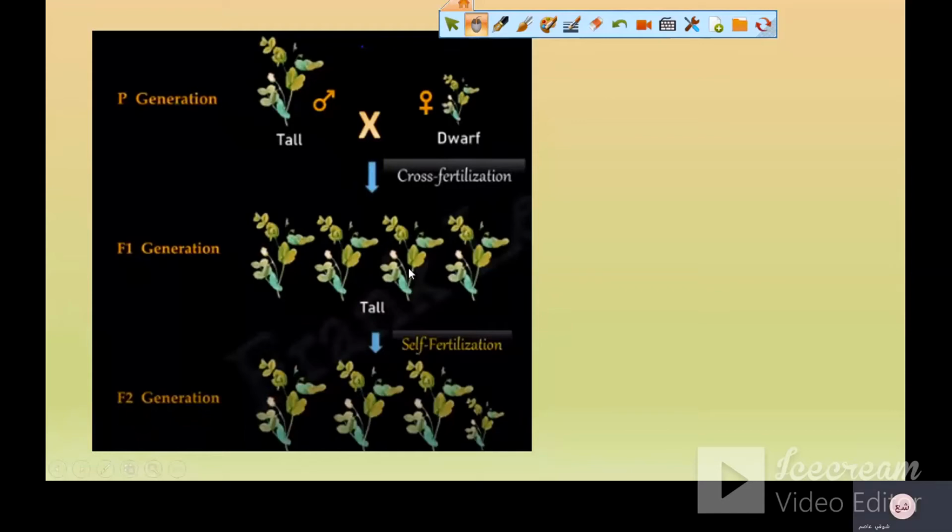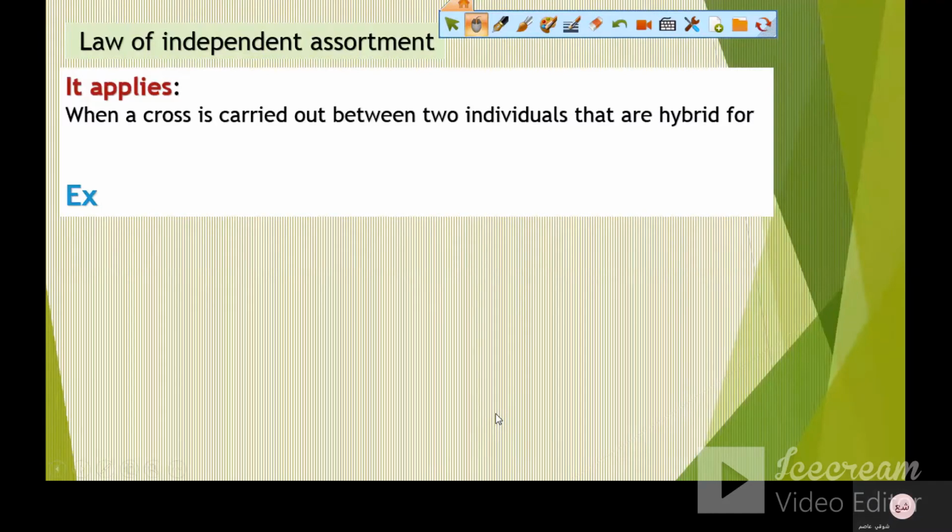But when he let the first generation make self-fertilization, as in the example I told you now, the result will be 3 to 1. 3 tall to 1 short.